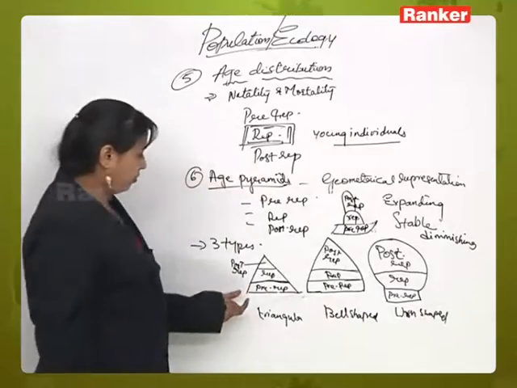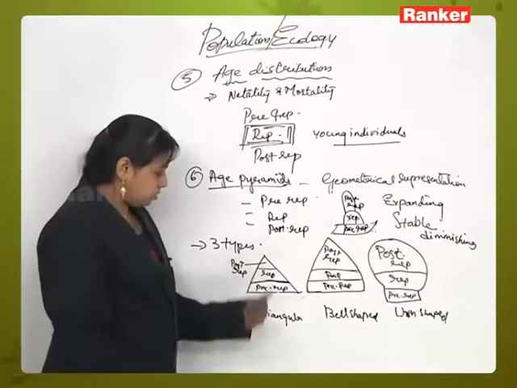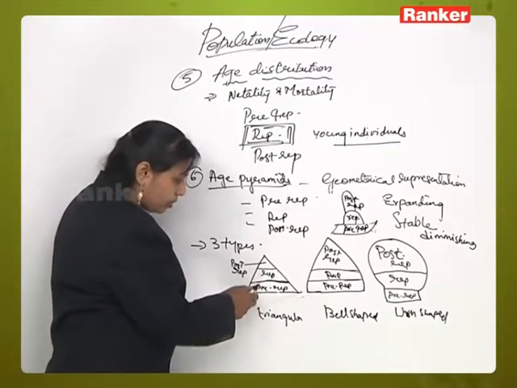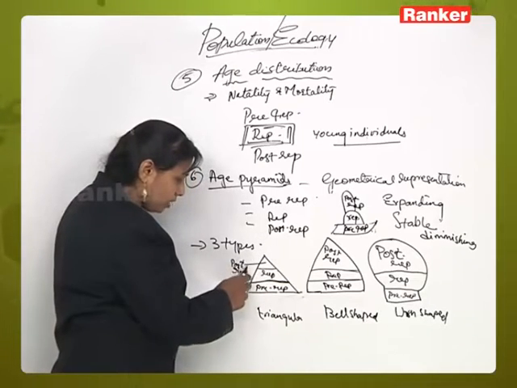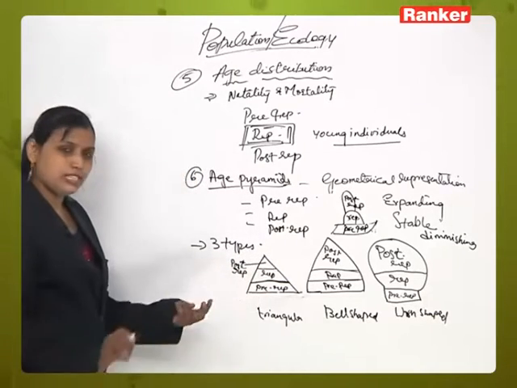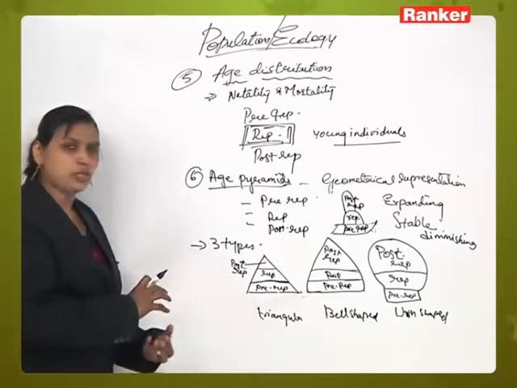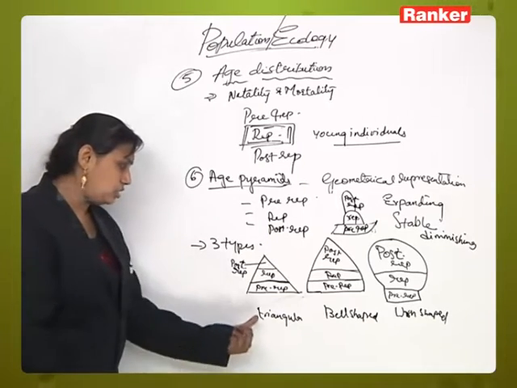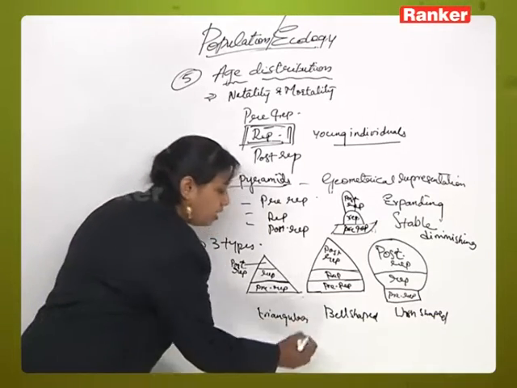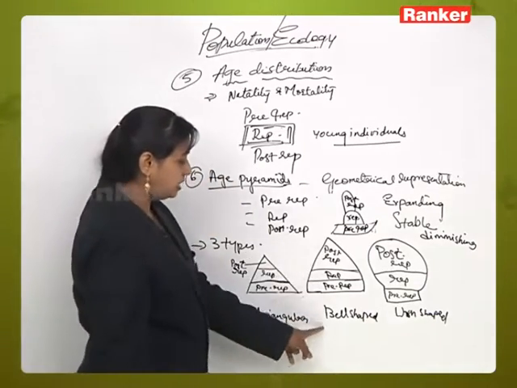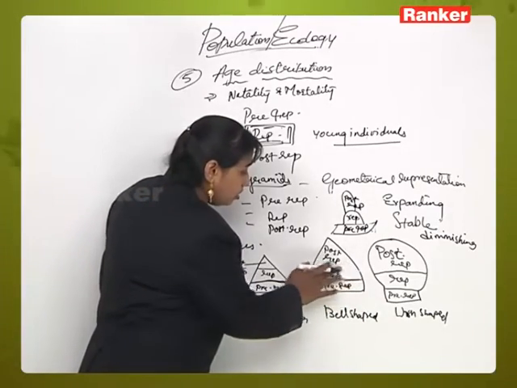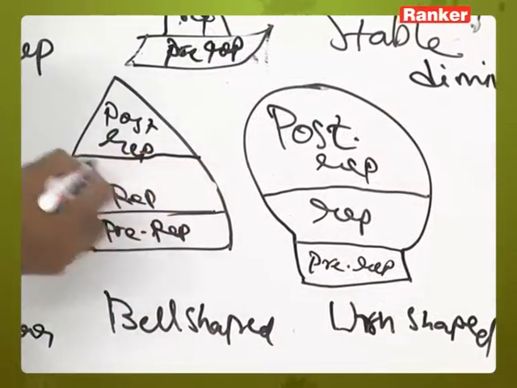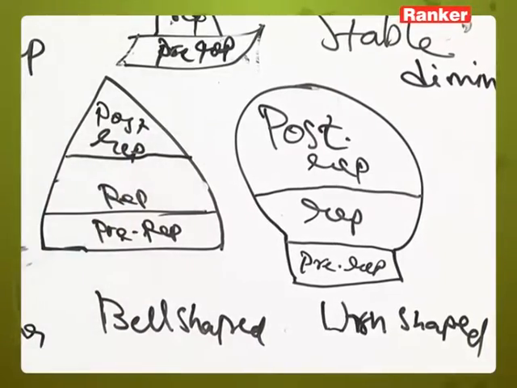As for the growth of young individuals, here in the triangle you see the reproductive and pre-reproductive stage is more when compared to the post-reproductive phase. So here the population is in an expanding form, the growth of the population is high, and it is in the triangular form. Next, when it comes to the bell shape, you will see the reproductive stage is more when compared to the pre-reproductive stage and post-reproductive stage.